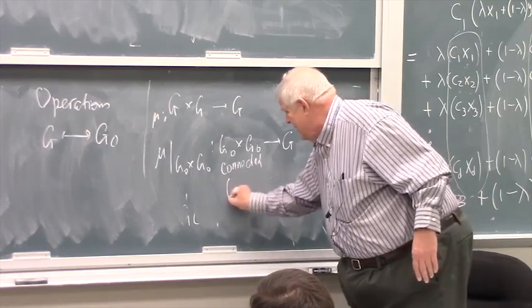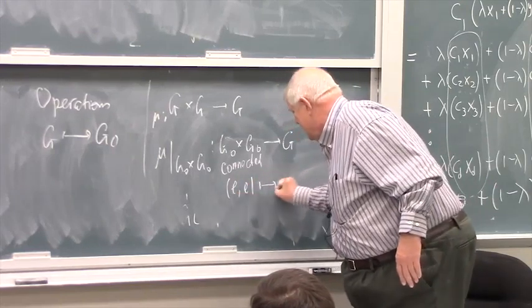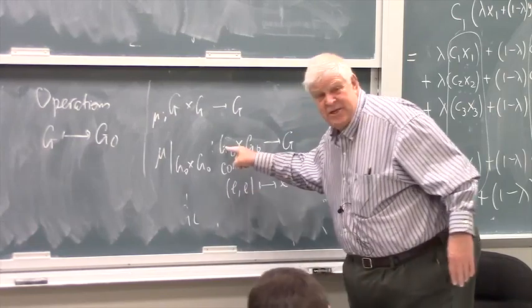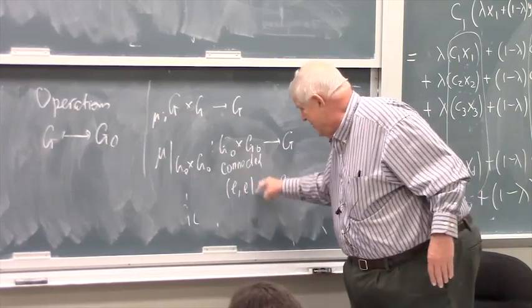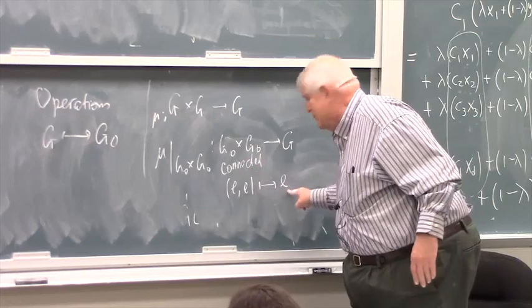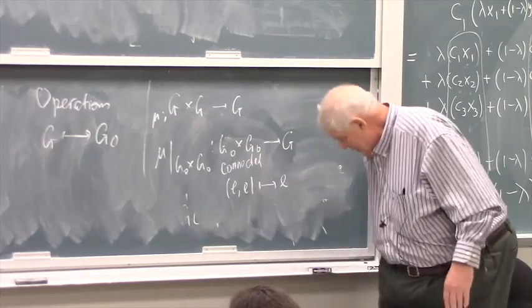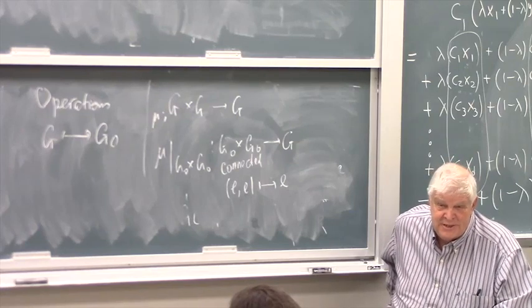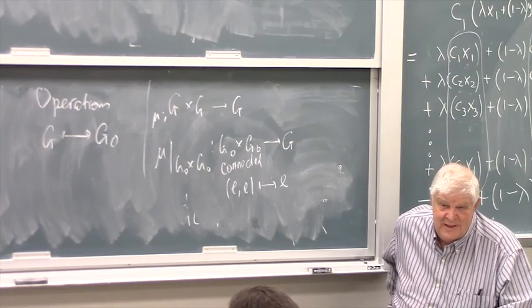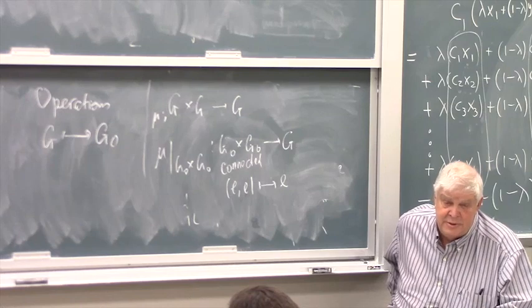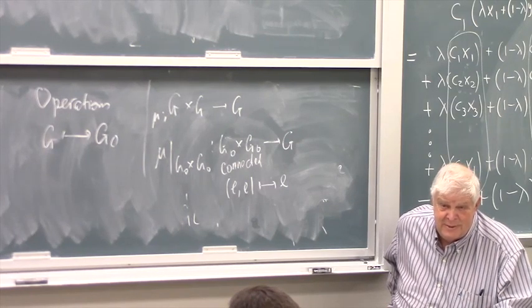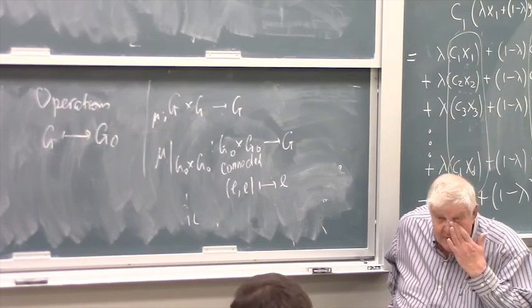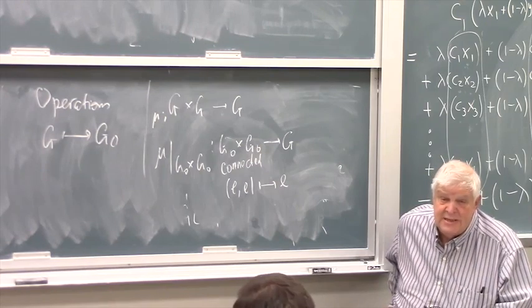Now, e is in G0, so (e, e) is in G0 times G0, so e belongs to the image. So we see that the image of mu of G0 times G0 should lie in G0. Actually it should be equal to G0 by obvious reason, but I can now say that yes, G0 is a subgroup.